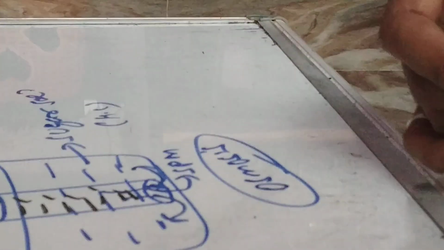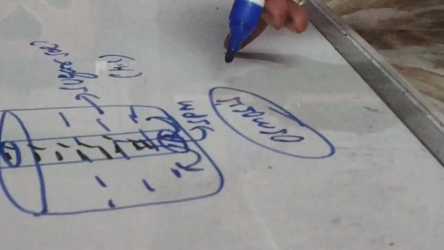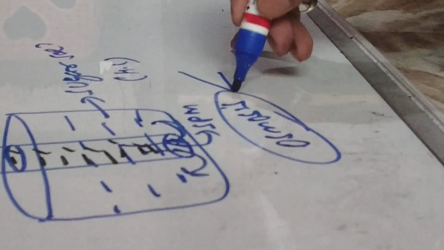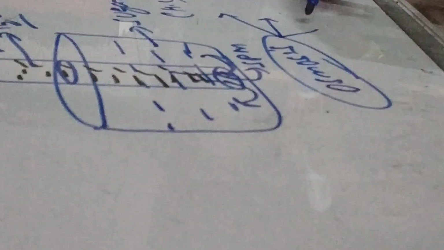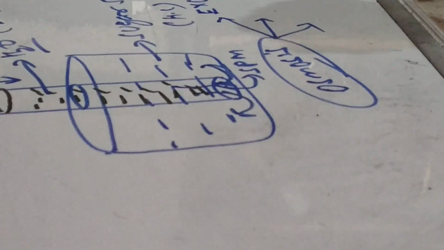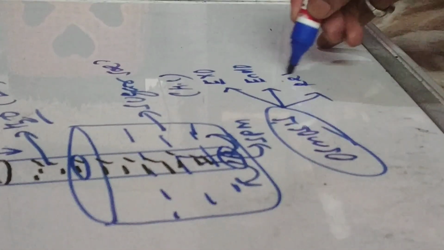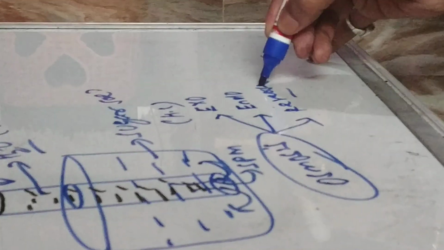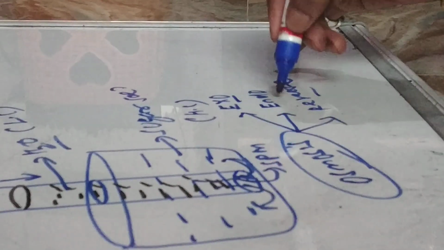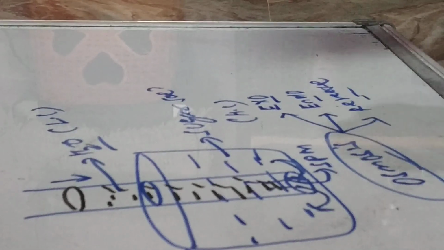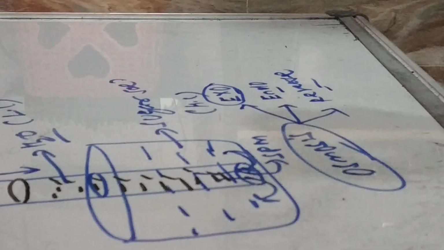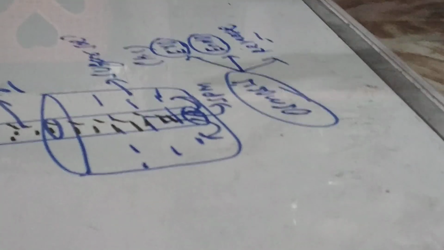So generally, how many types of osmosis are there? The osmosis are three types. One is exosmosis, another is endosmosis, and another is reverse osmosis. We know exo means release or out, endo means in or absorb, and reverse means just opposite.